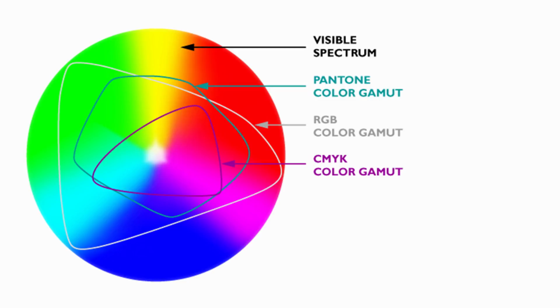The next largest group is CMYK, 100,000 colors, which is used in printing. The smallest group of colors is Pantone inks, with only about 5,000 ink colors. Since Pantone has CMYK inks, it can create the entire CMYK gamut too.